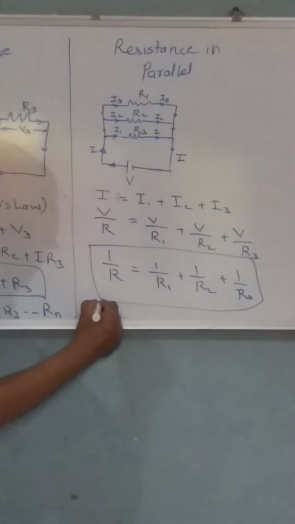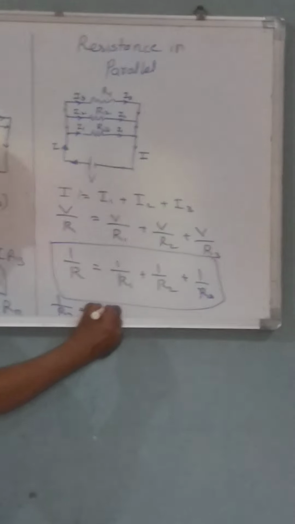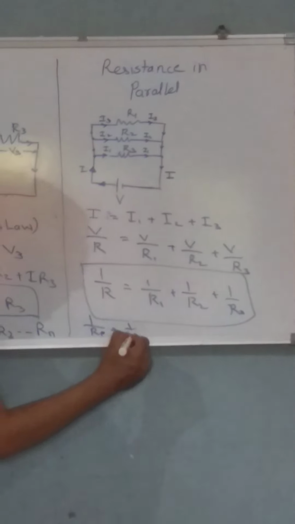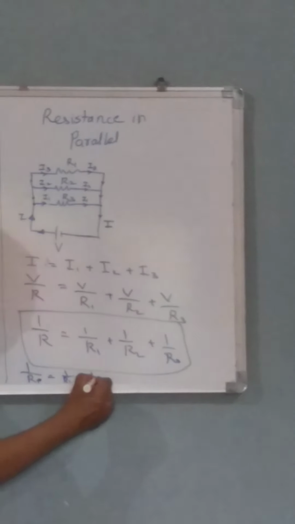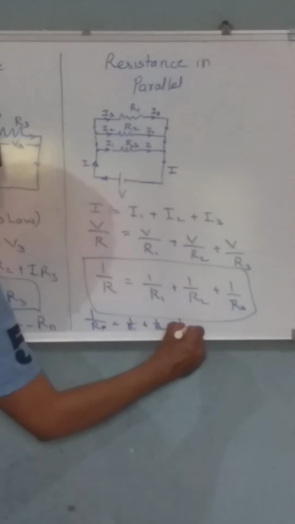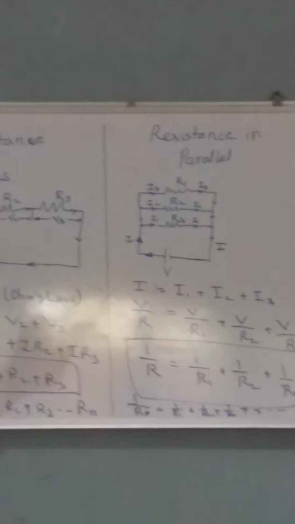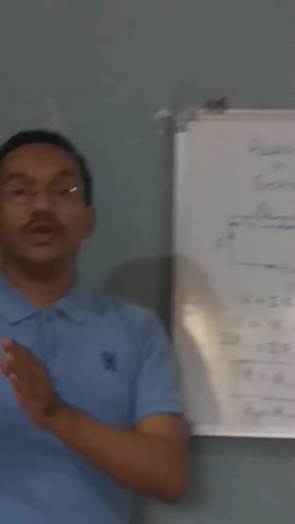Here S is the notation for series, and Rp will be the notation for parallel: 1 upon Rp is equal to 1 upon R1 plus 1 upon R2 plus 1 upon R3, going on up to 1 upon Rn, where n is the total number of resistors connected. This is the result. So in series, R is R1 plus R2 plus R3 up to Rn, and in parallel, 1 upon R is equal to 1 upon R1 plus 1 upon R2 plus 1 upon R3 up to 1 upon Rn.